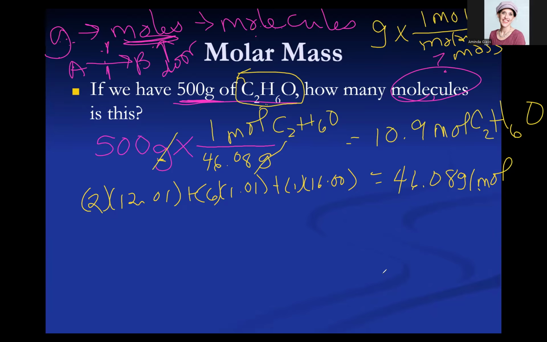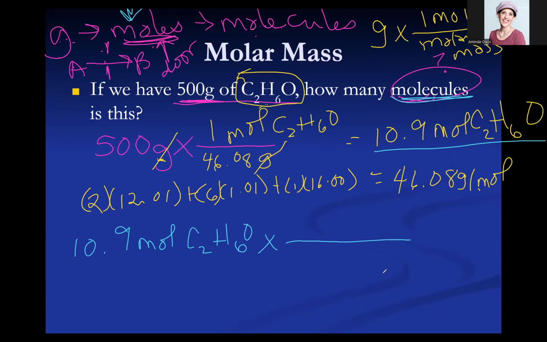Now, if we look at this, we are in the doorway. We're right here. We're with our moles. Now we can walk out of the doorway into our molecules room. So I take my moles, 10.9 moles of C2H6O, and now I can find molecules.